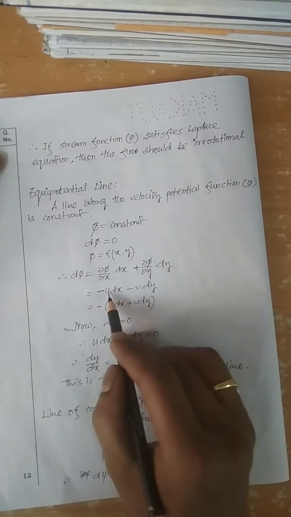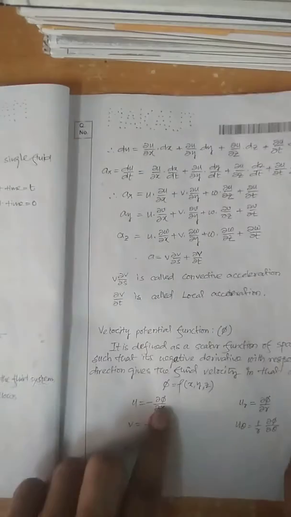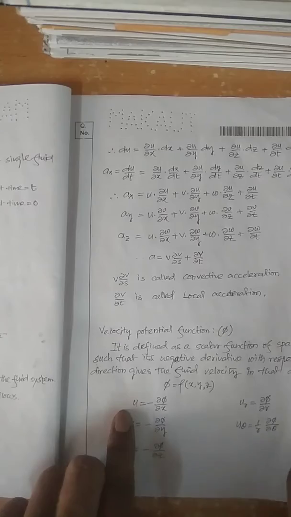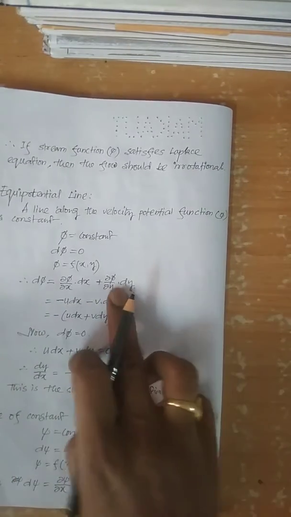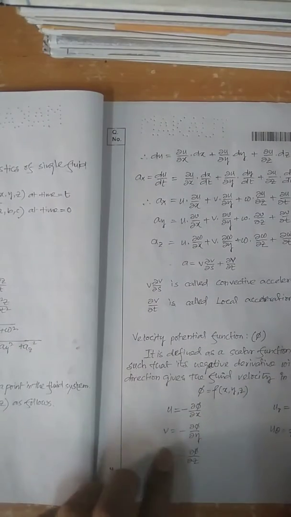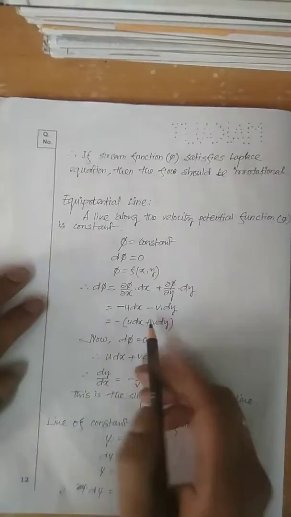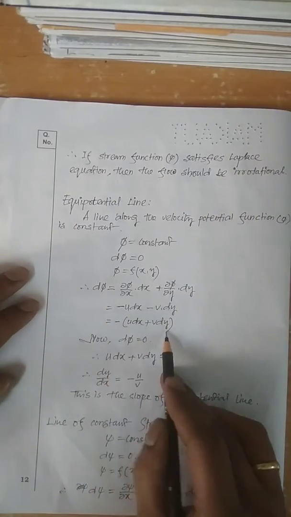Del phi del x is equal to minus u, and del phi del y is equal to minus v. So this is the final equation.